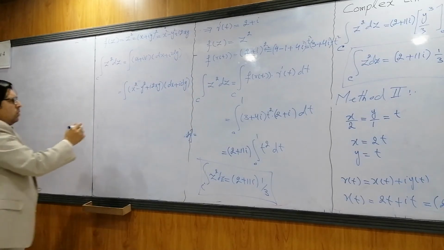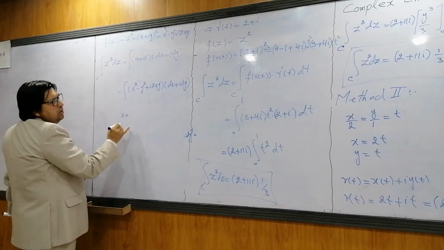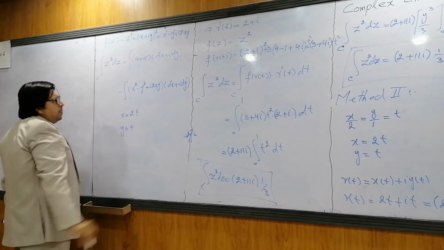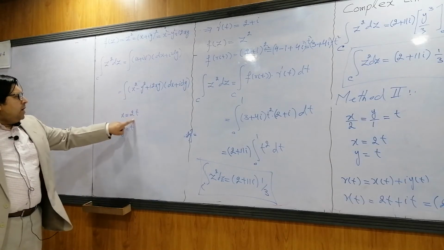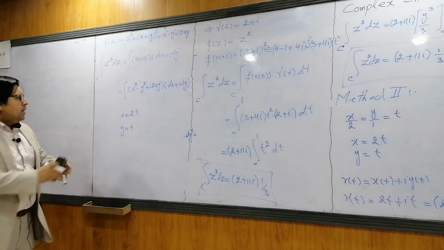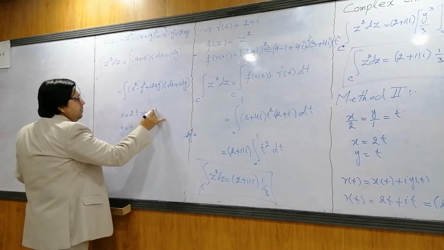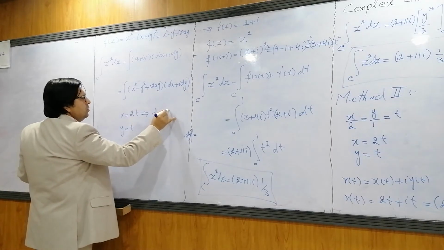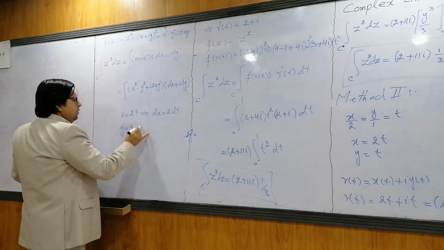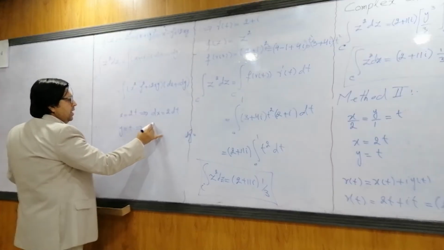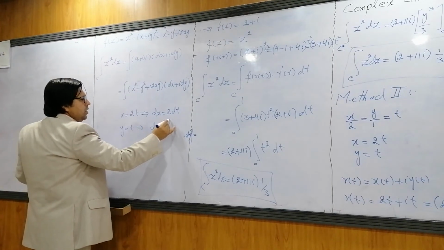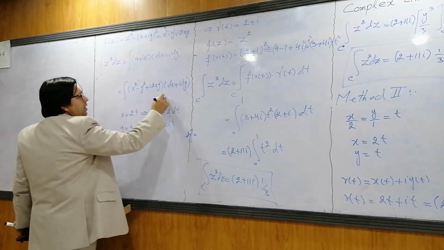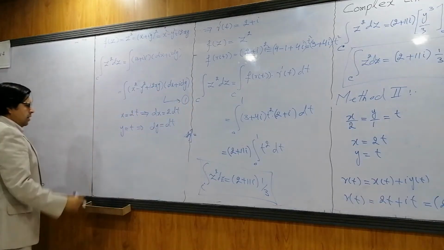Now the given curve has x = 2t and y = t, so just replace x by 2t and y by t. Similarly, taking the differential of x, I get dx = 2 dt, and dy = dt. Just replace dx and dy in this formula. Let this be equation 1.